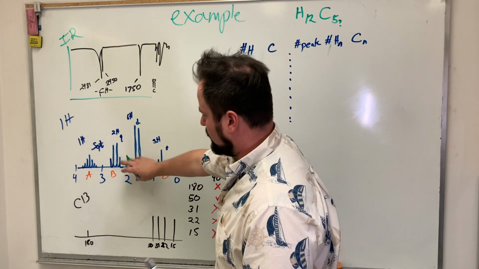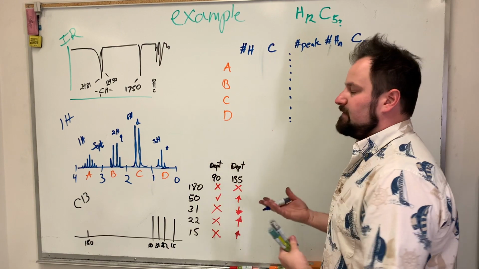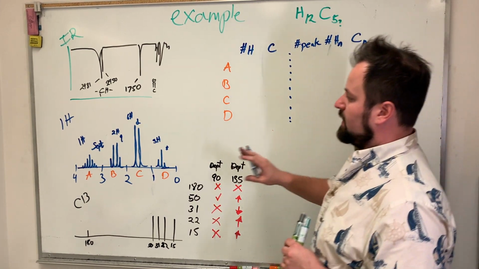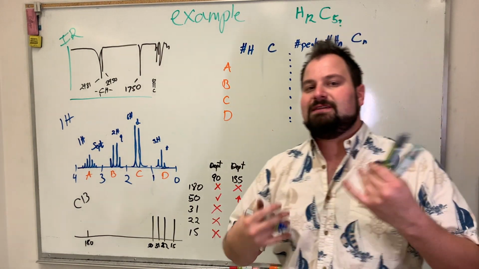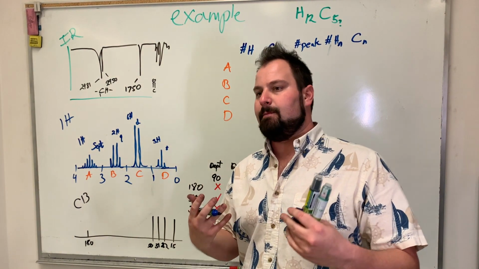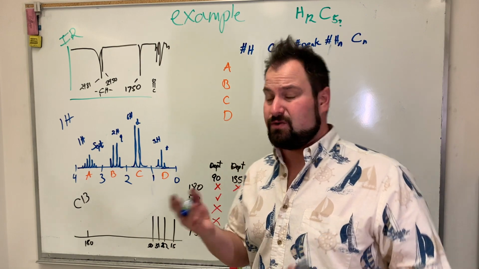Now, back to the hydrogen NMR. What we would like to see for something like this is, I like to make a table like this. This table is just a manifestation of how a chemist thinks about it. It's easy for you to use when you're starting out. Later on, you do most of this in your head.